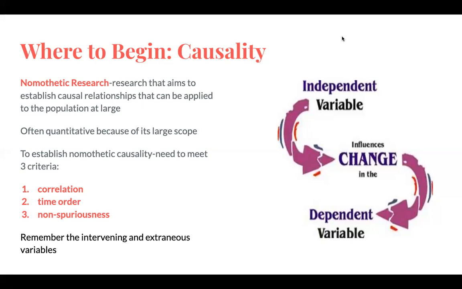What you don't want is for one of these other variables to really be what is influencing the relationship between your IV and DV, because then what you think of as the relationship between the IV and DV is actually spurious, right? A spurious relationship is a false one.